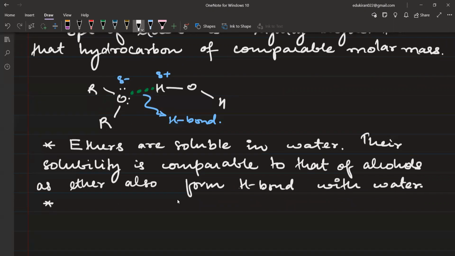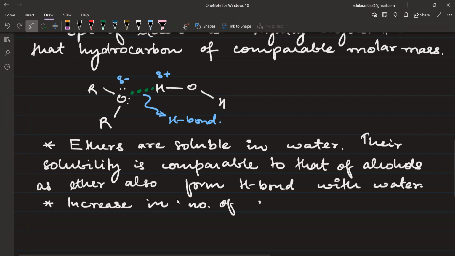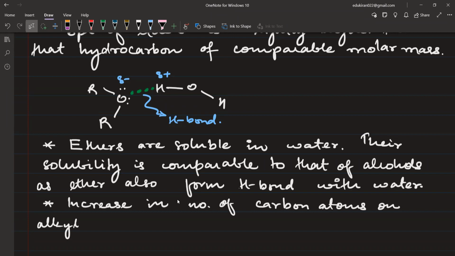Similarly, as in alcohols, if I increase the number of carbon atoms in the alkyl group, the solubility decreases. Here also the same thing will happen. Increase in number of carbon atoms on alkyl group, the solubility decreases.